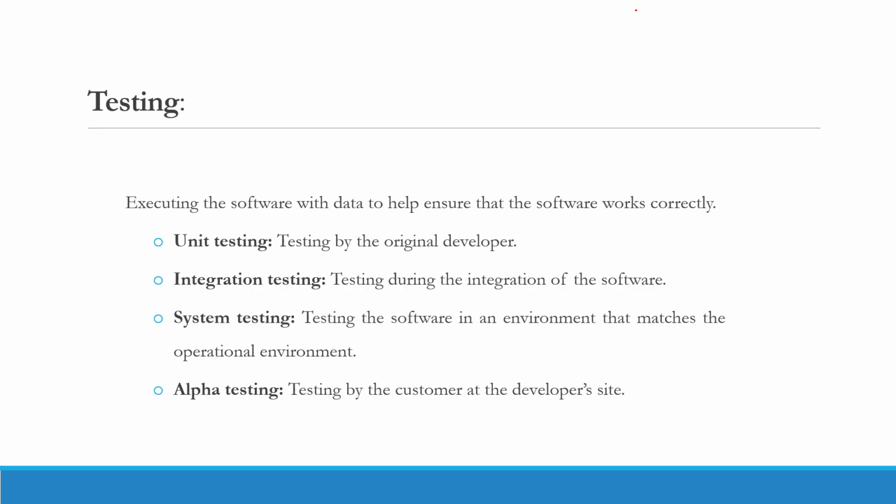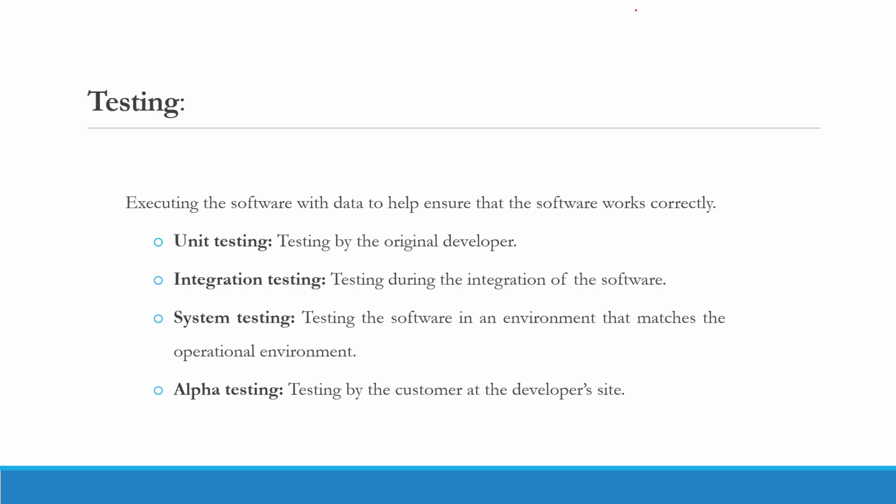At the end of the day, we will deploy the software on the users' machines or in the users' environment, so we have to check the software against that. This is the final test regarding the system production.